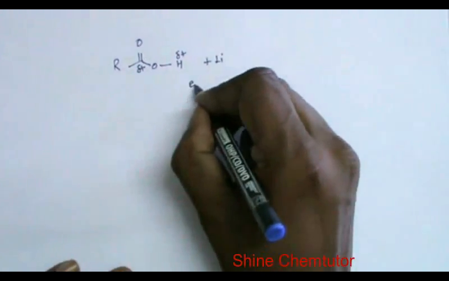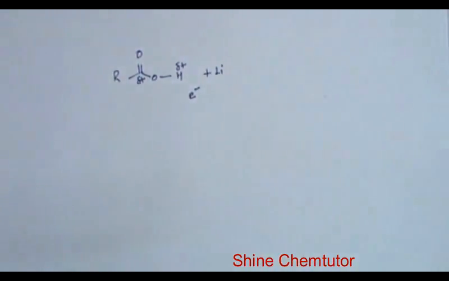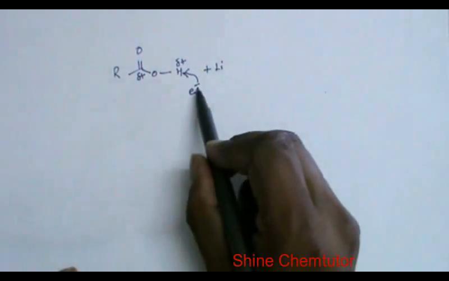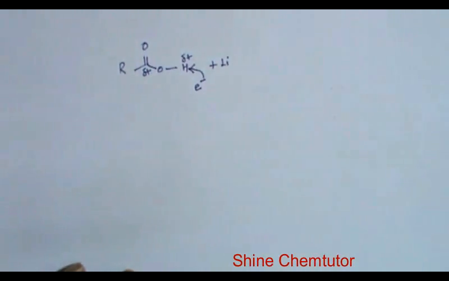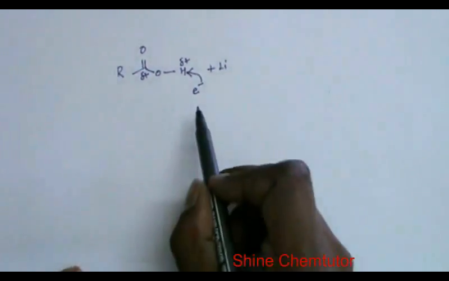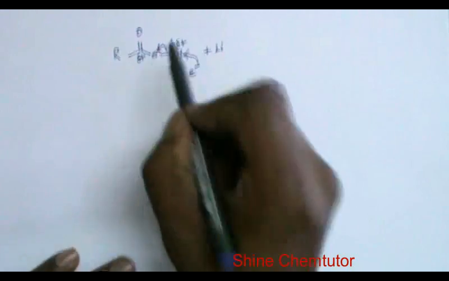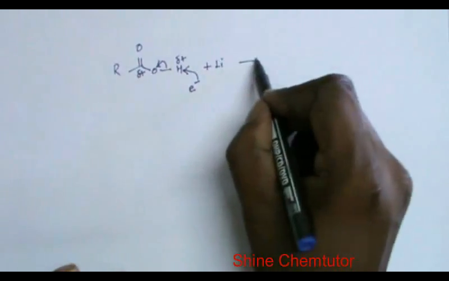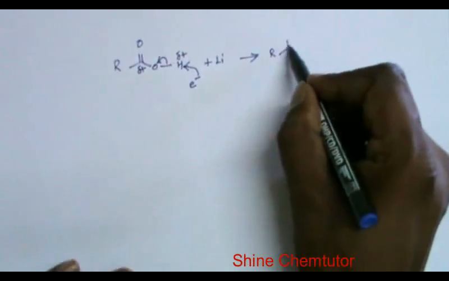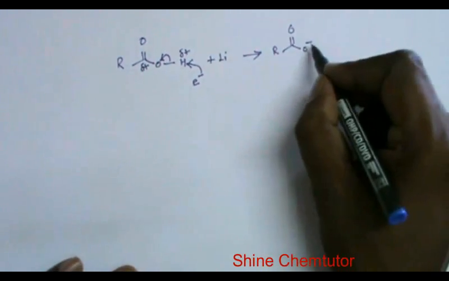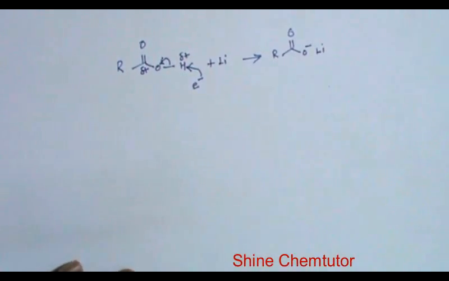Lithium gives one electron here. Remember, this minus you should not consider as carbanion. It is only one electron. One electron is donated to hydrogen. Then this goes over oxygen. What we get is this, and this minus combines with lithium.